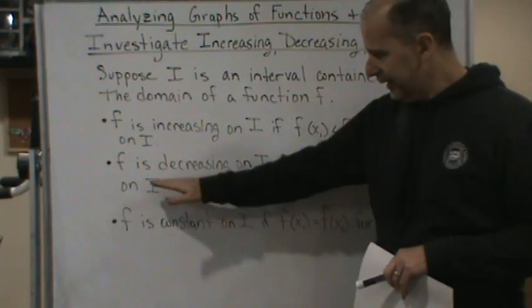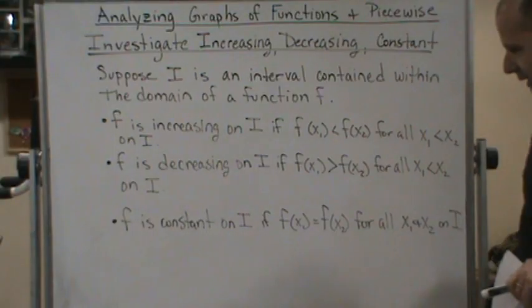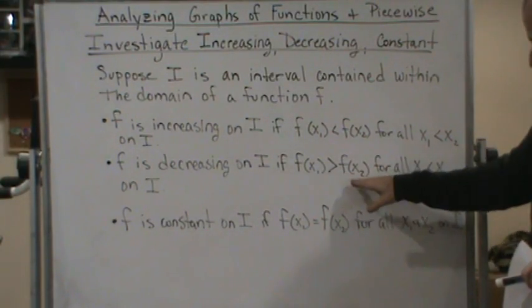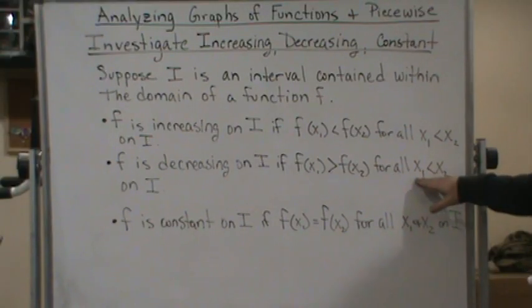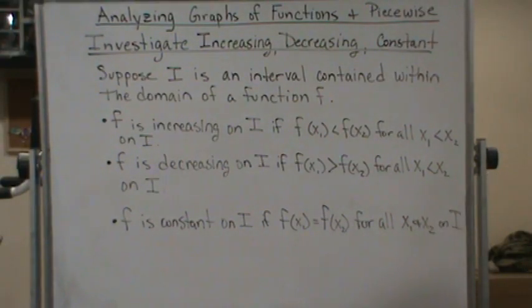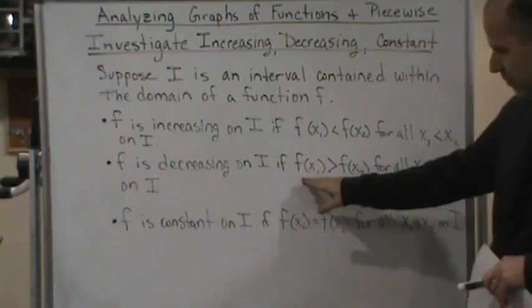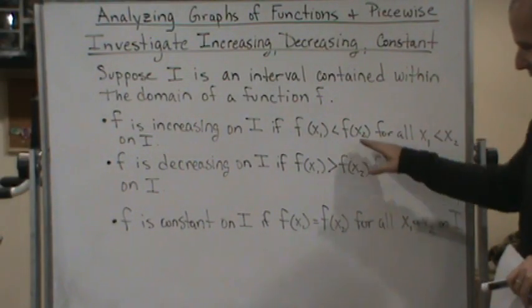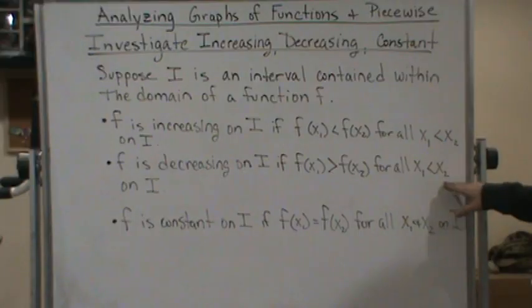Now similarly, f is decreasing on the interval I if f of x1 is greater than f of x2 for all x1 that are less than x2 on the interval. So in other words, it's going downward, because the y value gets smaller as you go from left to right.